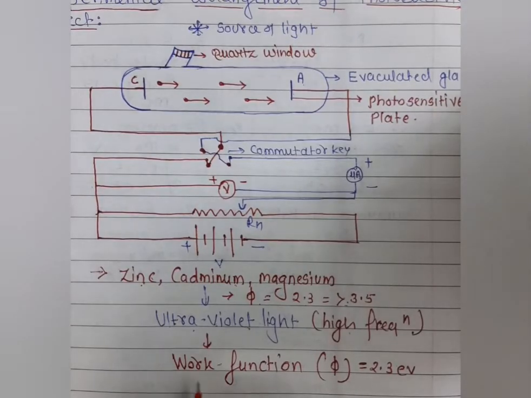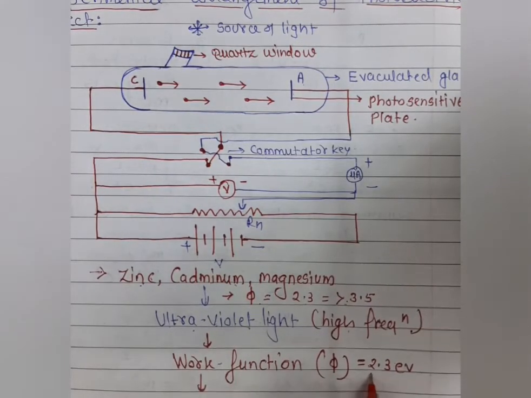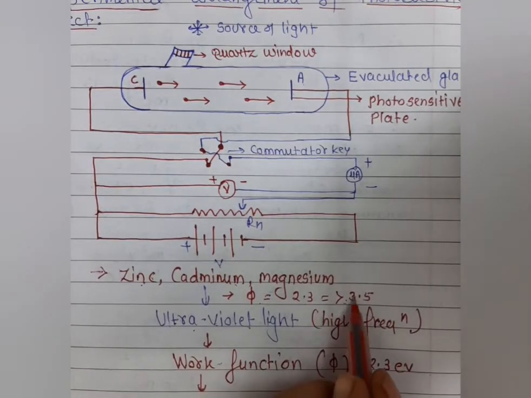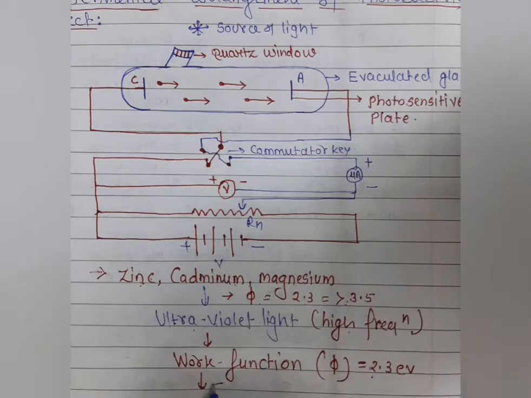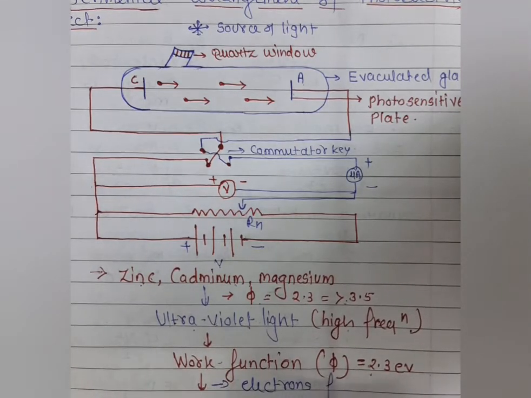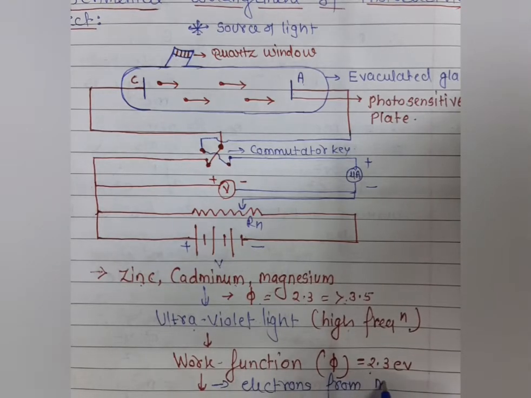So if we have this much work function or greater, these metals eject the electrons. Yes, students, these metals eject electrons from the metal surface.